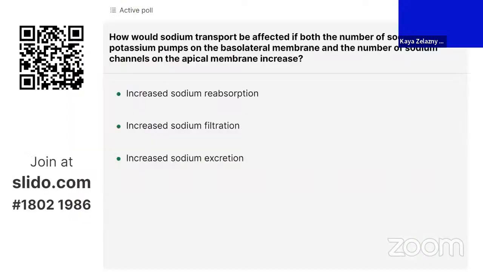I want you to predict first. What do you think would happen to the sodium transport if we increase the number of the sodium potassium pumps on the basolateral membrane, and we also increase the number of sodium channels on the apical membrane? So we're going to increase our active transport on the bottom. We're going to open some channels on the top.